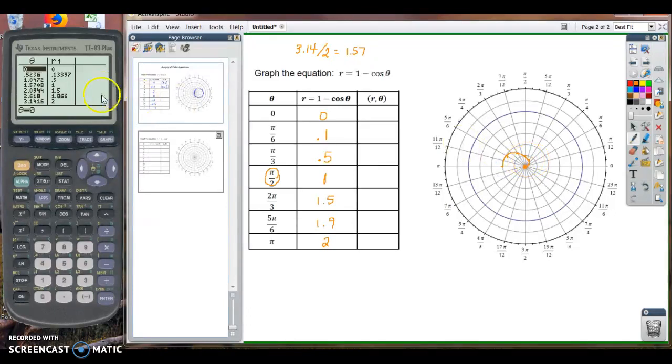As you can see from the graph, if I go back to the graph here, this is symmetrical about the x-axis. So I can plot those same points on the other side, because I know I'm going to be symmetrical. At 7 pi over 6, I'm going to be just shy of 2. At 4 pi over 3, I'm down here at 0.5.